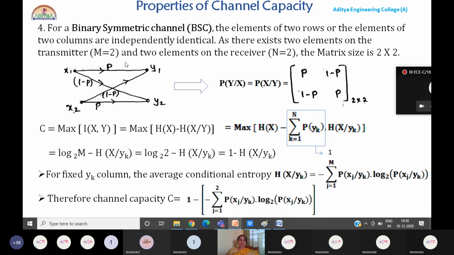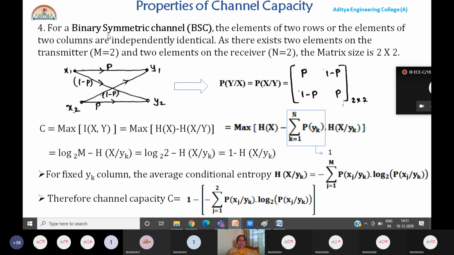Please listen carefully. So what is the probability of X1 to reach Y1? P. Similarly, what is the probability of X2 to reach Y2? P. And what is the probability of X2 reaching Y1 or X1 reaching Y2? It is 1 minus P.